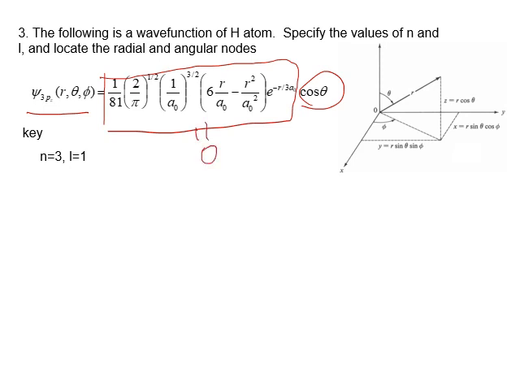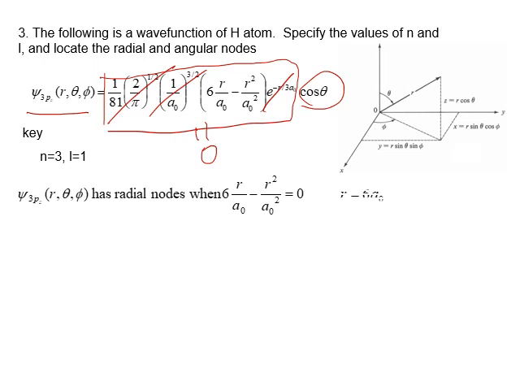Just like the last question, the constant cannot be 0, exponential function cannot be 0. So the only way to make this 0 is 6r over a naught minus r squared over a naught squared equals 0. The solution is 6a naught. So at distance 6a naught, the wave function becomes 0.